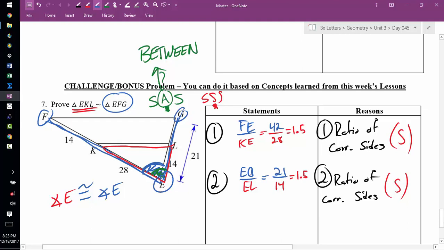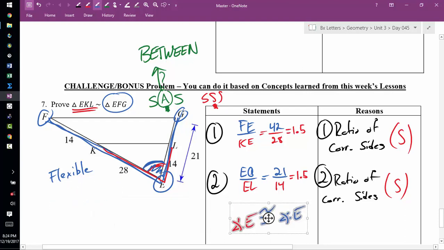It literally didn't move. That angle is really flexible. It's in the smaller red triangle, and it's also in the bigger blue triangle. It's a dual purpose angle. It's what I'm going to call a flexible angle. So that is my statement. That's the missing fact, the thing I hadn't taught yet, that an angle must be congruent to itself.